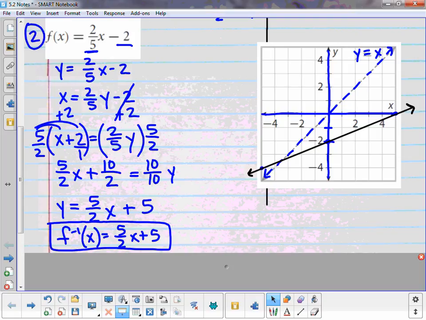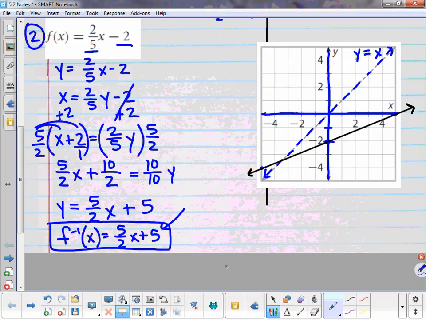And now that we found the inverse of that, the inverse is the reflection of that over this line y equals x. So if we could fold our paper along this line and reflect that, what would it look like? So now let's graph the inverse.